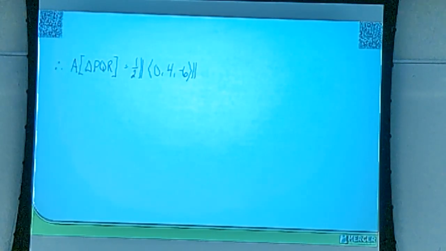I'm going to do this, area of triangle PQR. I'll write it that way. It's 1/2 that magnitude.